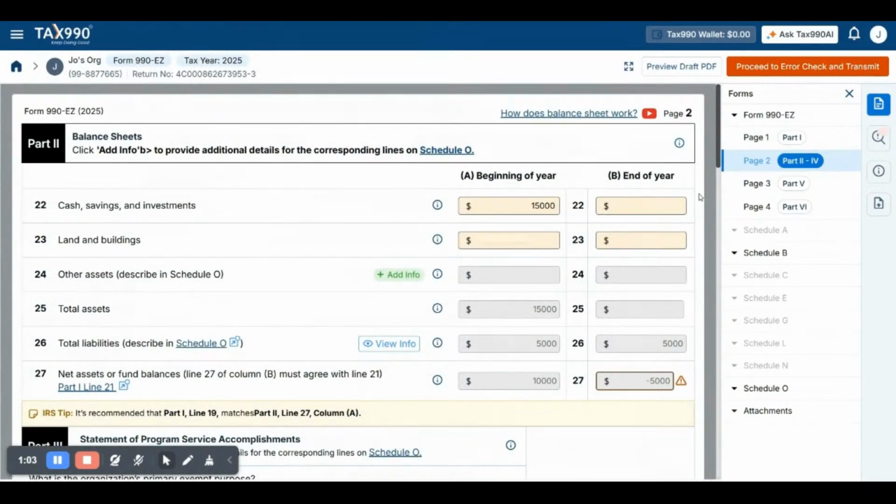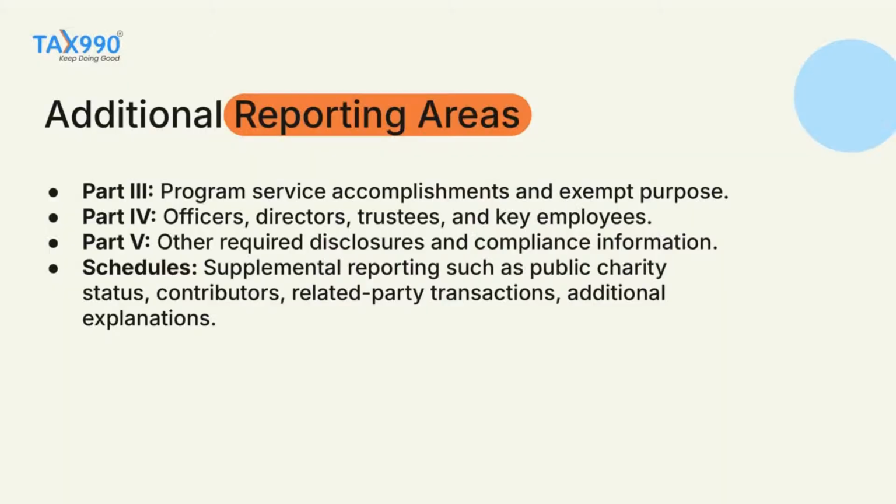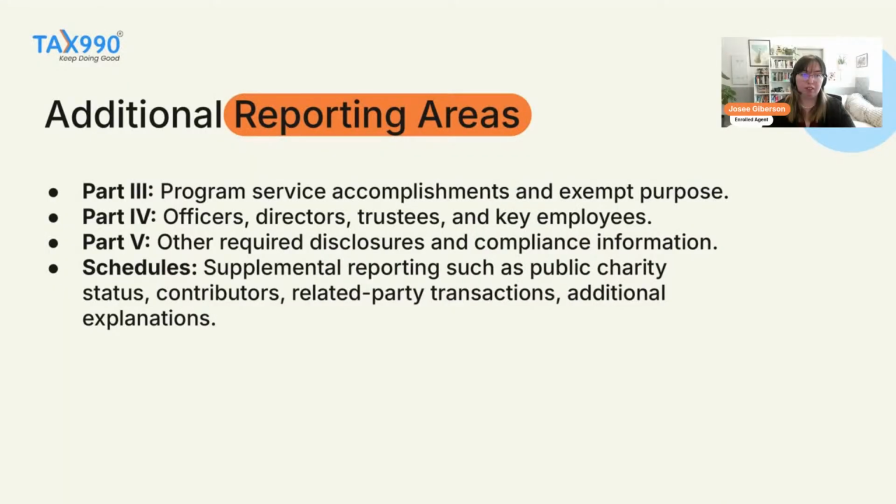Make sure to enter your balance sheet at both the beginning and end of the year to show how the organization's financial position has changed over time. The total assets, total liabilities, and net assets are all calculated for you for your convenience. Tax 990 will indicate to you if your balance sheet does not balance or if it does not align with your income and expenses.